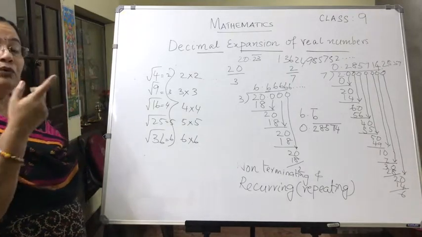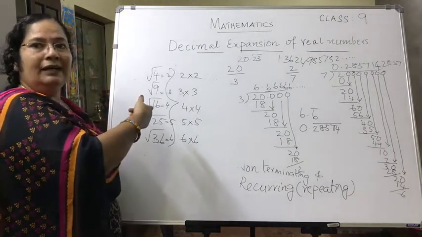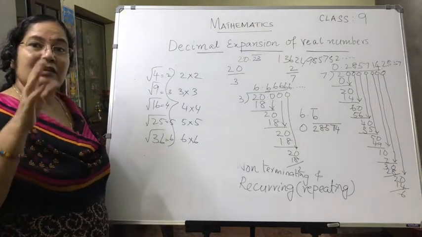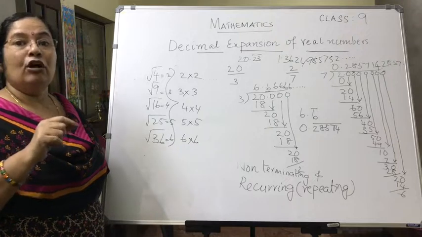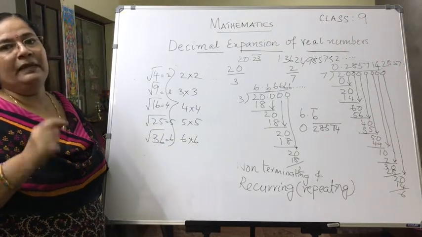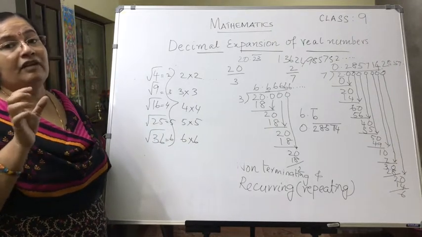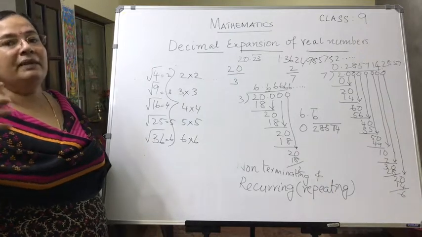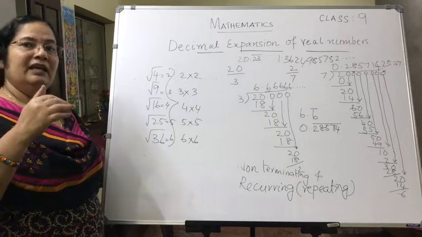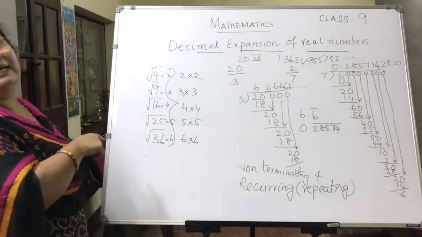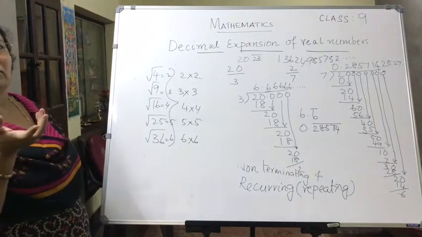Now when you go for root 2, root 3 and all, as I have just shown earlier, the decimal expansion is not stopping. It is non-terminating as well as non-recurring. It's not repeating also. Repeating in the sense that after a particular slot, the same slot is not being repeated. So such numbers will be irrational numbers, and here these are rational numbers. Hope that doubt is clear.